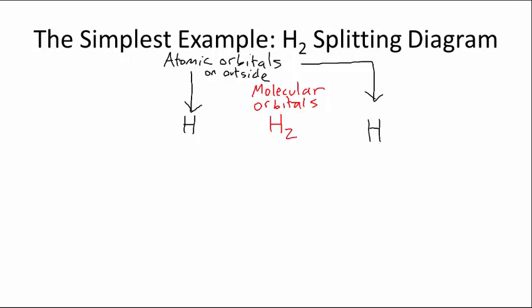And the way we represent orbitals is actually really simple. We just draw a short little horizontal line and label it with the orbital type. So, for the two hydrogen atoms, I'm just going to draw a little horizontal line for each one. What orbital does the hydrogen atom have? 1s, so I'm just going to label that 1s.